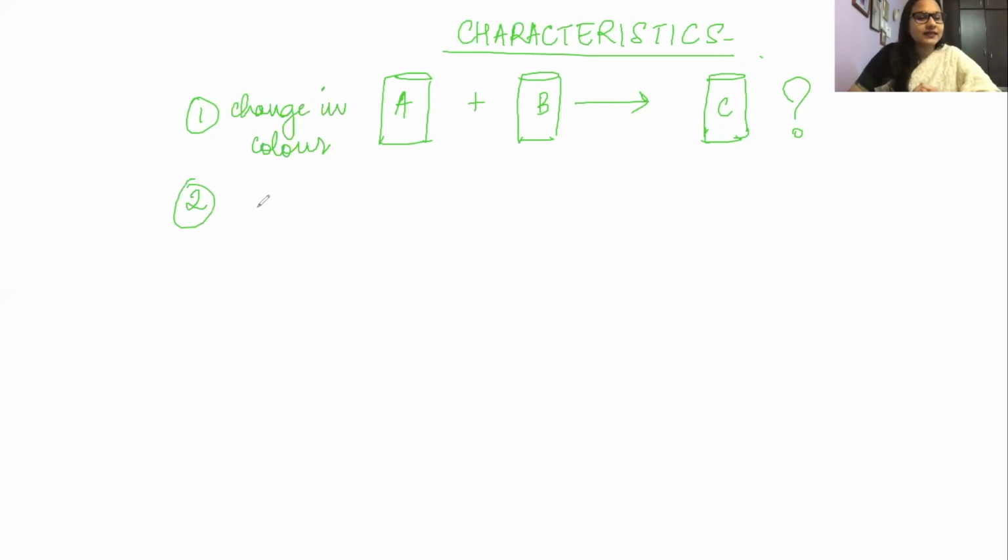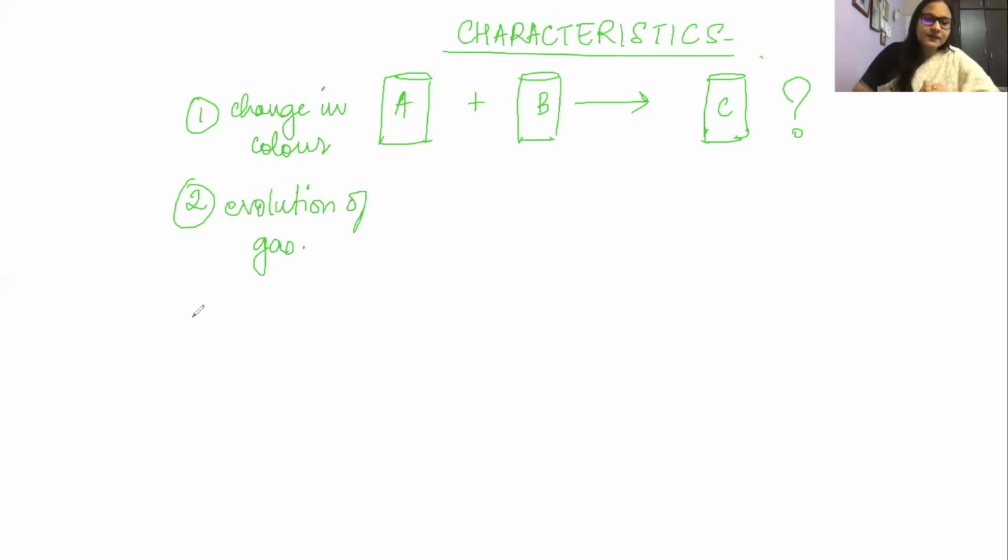The second characteristic is evolution of gas. When the reaction is taking place, is there some kind of effervescence or bubbling or some kind of fumes or some kind of gas being formed at the end of the reaction? That also lets you know that a chemical change has taken place.